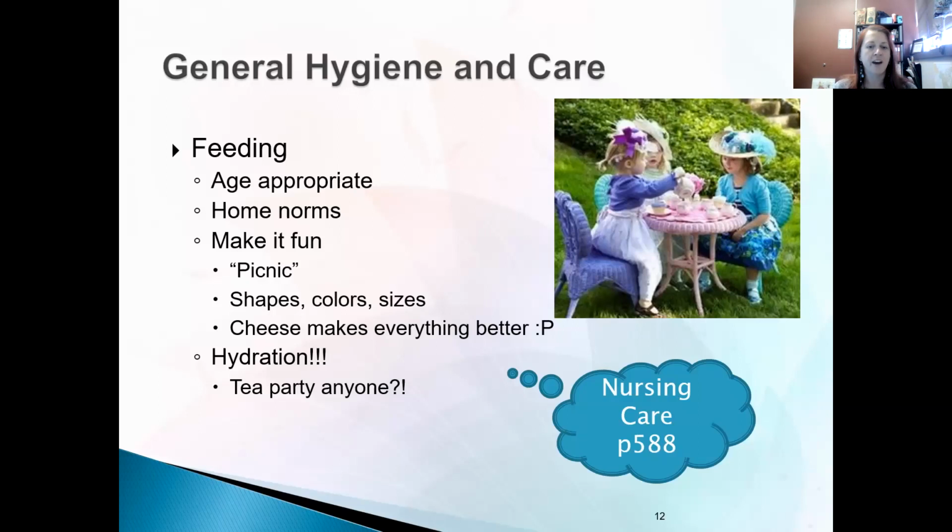My one tip on that is cheese makes everything better. When all else fails, think about something with cheese. Cheese pizza, mac and cheese sticks, grilled cheese sandwiches. Those are usually good choices most American children will eat, unless they're allergic to it. But those are some things to try.